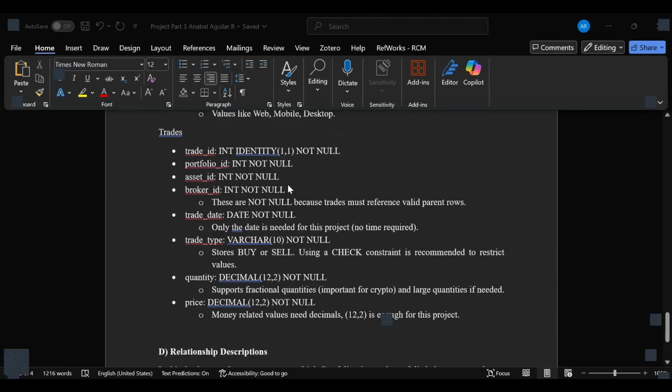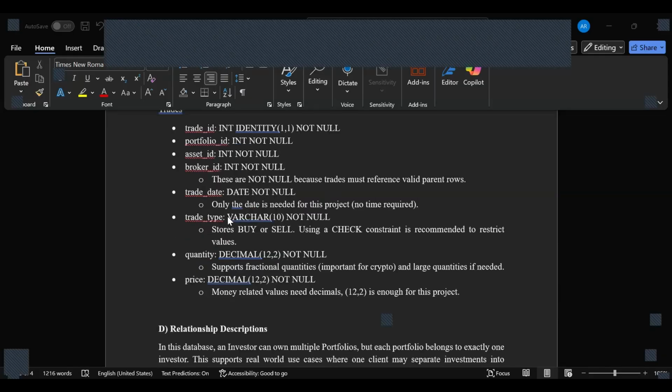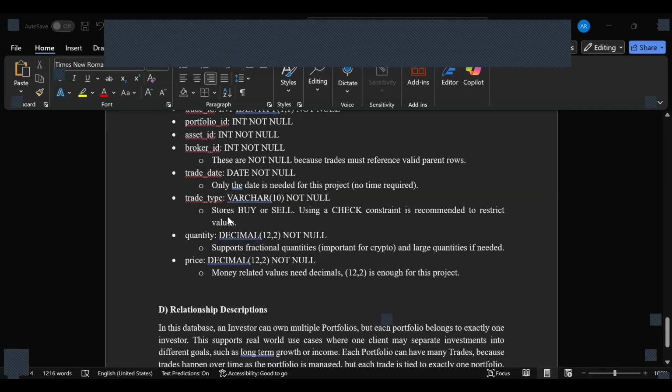And then the trade date, the date is needed for each transaction, so this was assigned as not null. Then for trade type, we just did varchar of 10 since it's only buy or sell. Then for quantity, decimal.